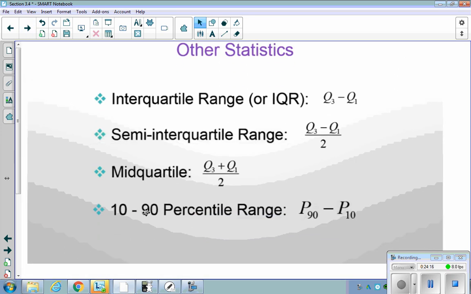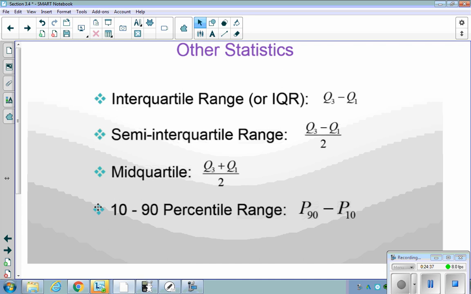Here are some other statistics you can calculate given those quartiles. One is called the interquartile range. We're going to use that a lot because that's how we find out if something is considered an outlier, similar to when we were considering whether something was unusual or usual.